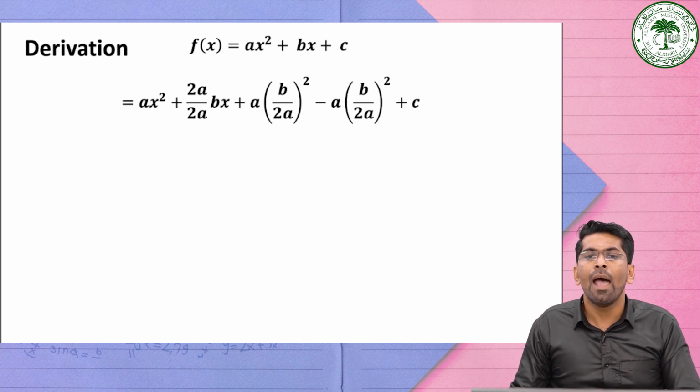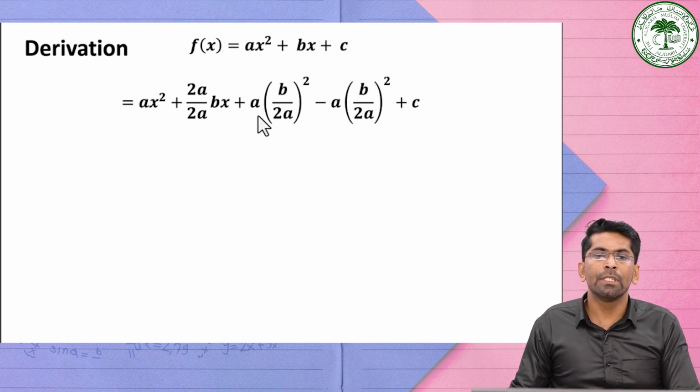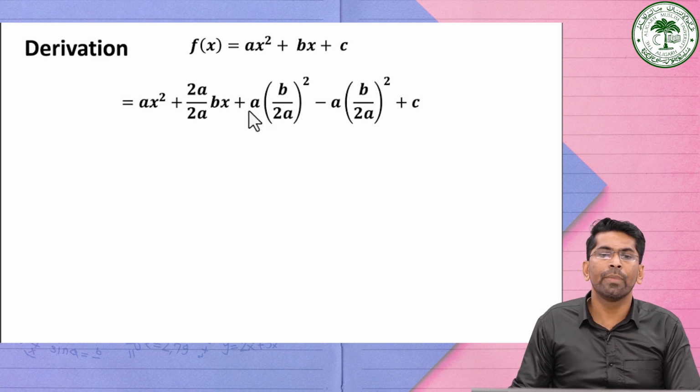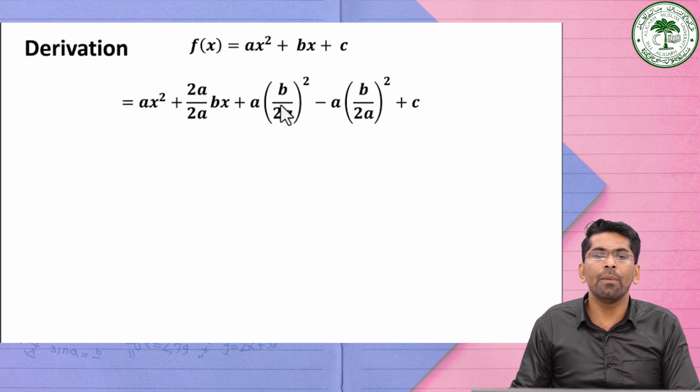Then we add a new term, a(b/2a)², and subtract the same term, minus a(b/2a)². Adding and subtracting the same term, the value remains the same.